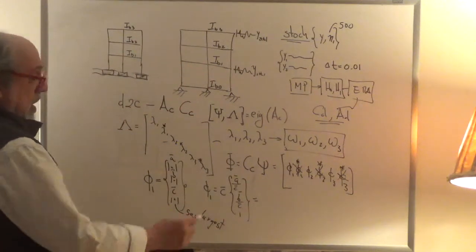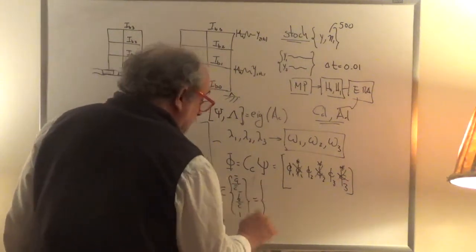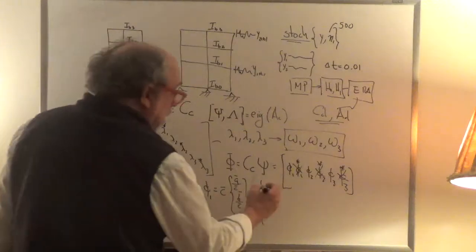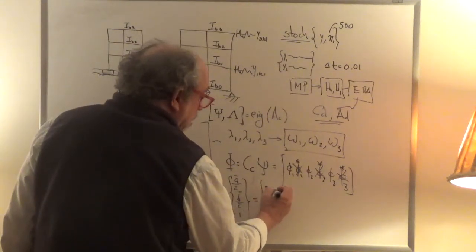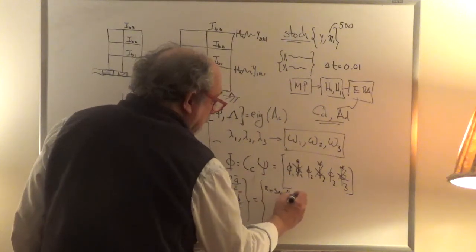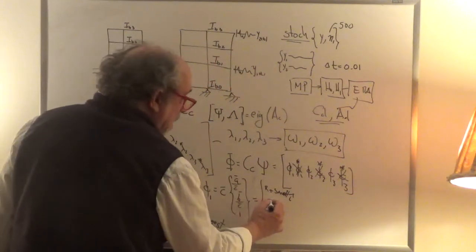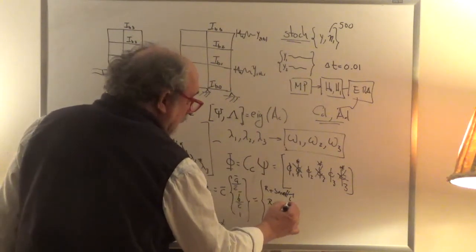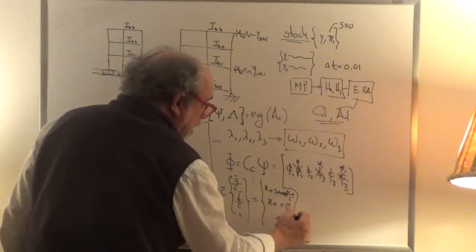And now I find, hopefully, that my A bar over C bar is just real plus small I, and this is 1.